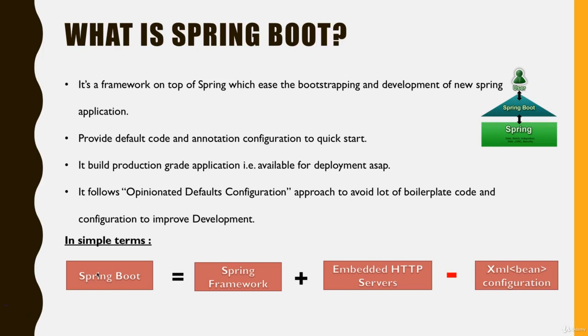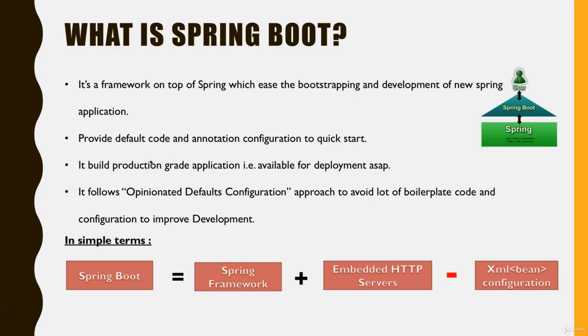Now what is Spring Boot? It's a framework written on top of Spring to ease the bootstrapping and development of new Spring applications. As you see in the diagram, Spring Boot sits between the user and the Spring framework so that it can use the whole ecosystem of Spring. It provides default code and annotations to quick start your project.